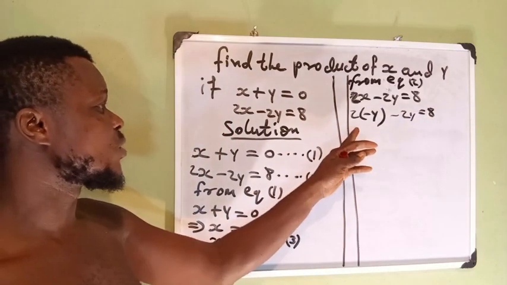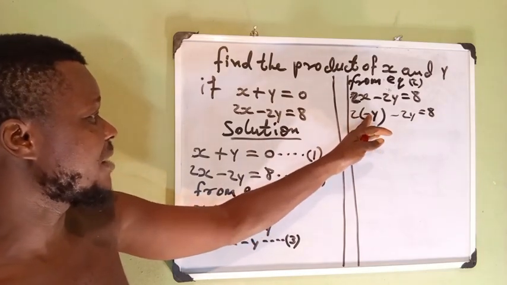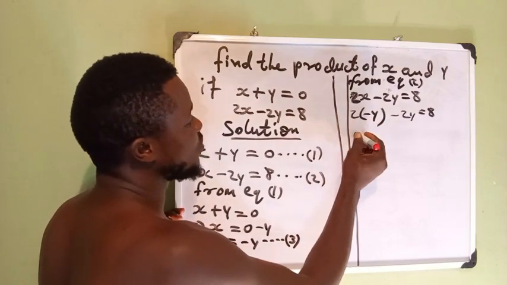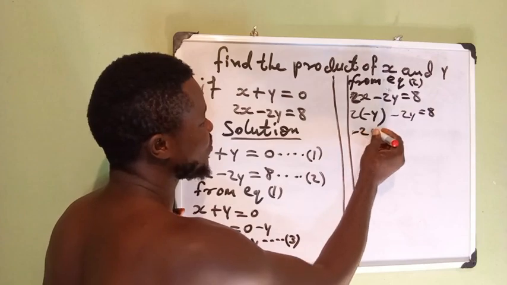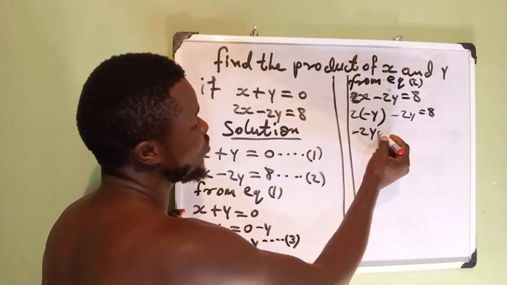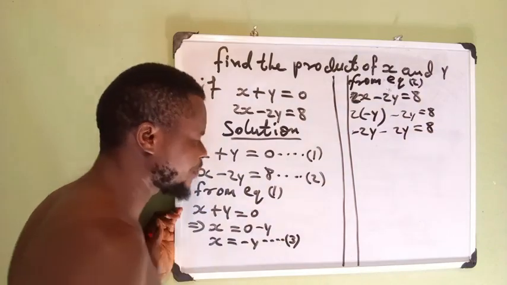So the next thing is to remove this bracket. For us to remove it, we multiply whatever we have inside the bracket with 2. So 2 times minus y will give us minus 2y. So we've already removed the bracket. Minus 2y minus 2y again will give us 8.